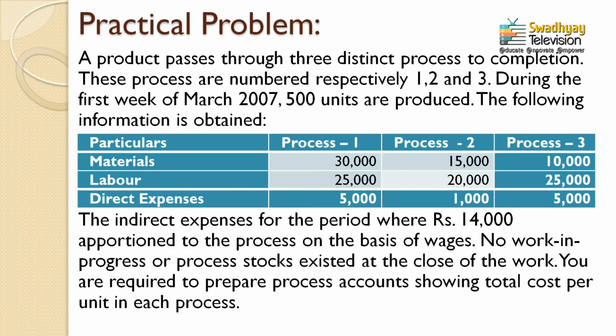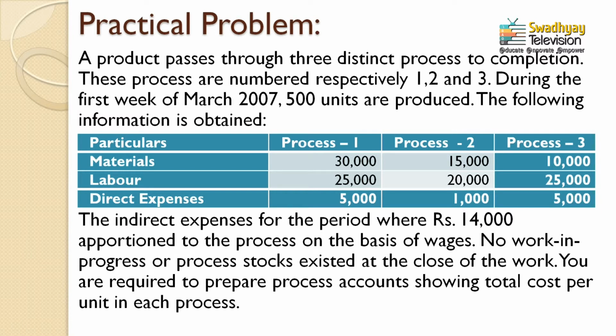We also have direct expenses for all 3 processes, that is 5,000, 1,000 and 5,000, as you can easily identify from the table. The very important thing is that these are the elements of cost, divided for the respective processes, incurred during the manufacturing of 500 units.